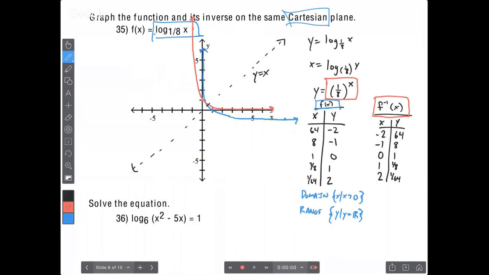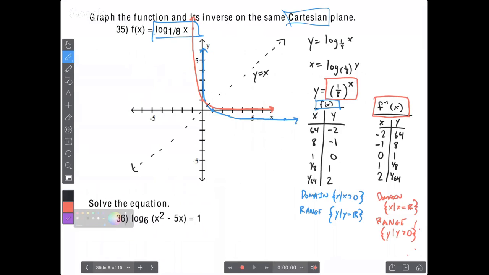And then on the exponential inverse function, we've got domain such that x equals all reals, and range y such that y must be greater than 0.